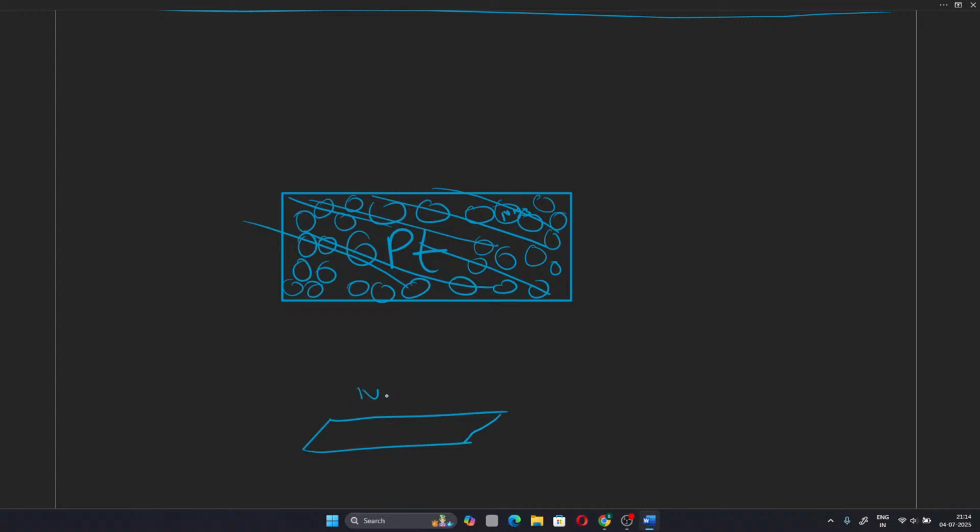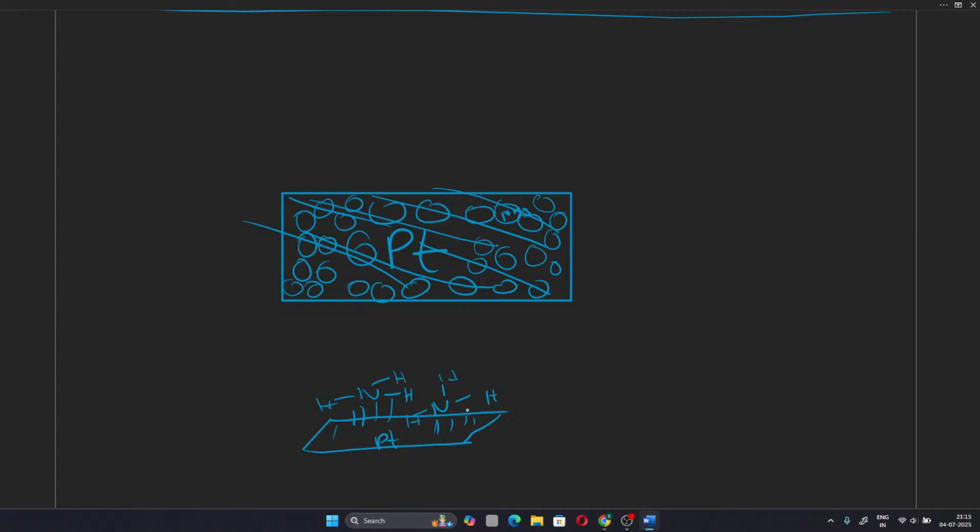NH3 bonding is with this platinum, which has extra electrons and will form a transient or intermediate, a temporary bond formation. This platinum, having a large amount of free electrons, will form bonds with these NH3 molecules.